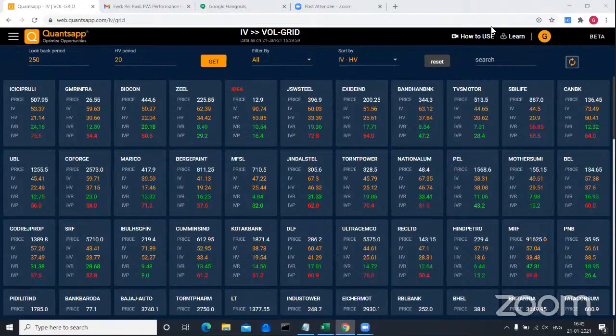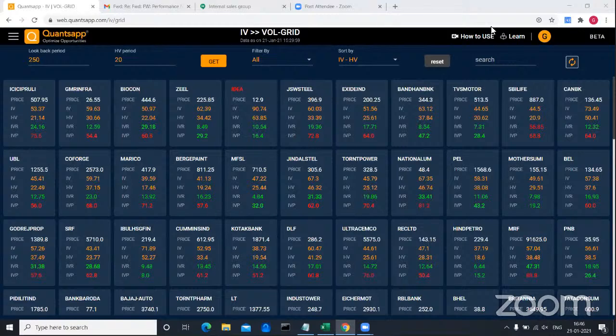And now we'll look at the IVP. IVP tells you the percentage of days over the last year that the volatility traded below the current level.